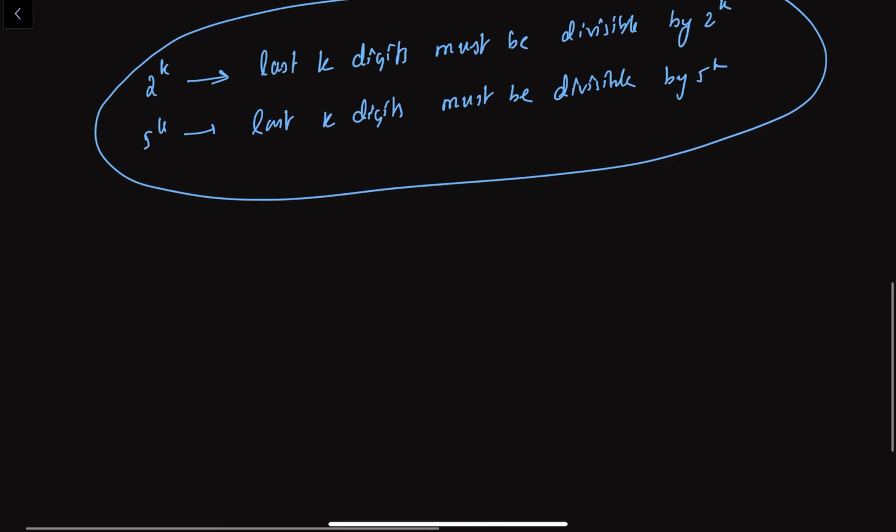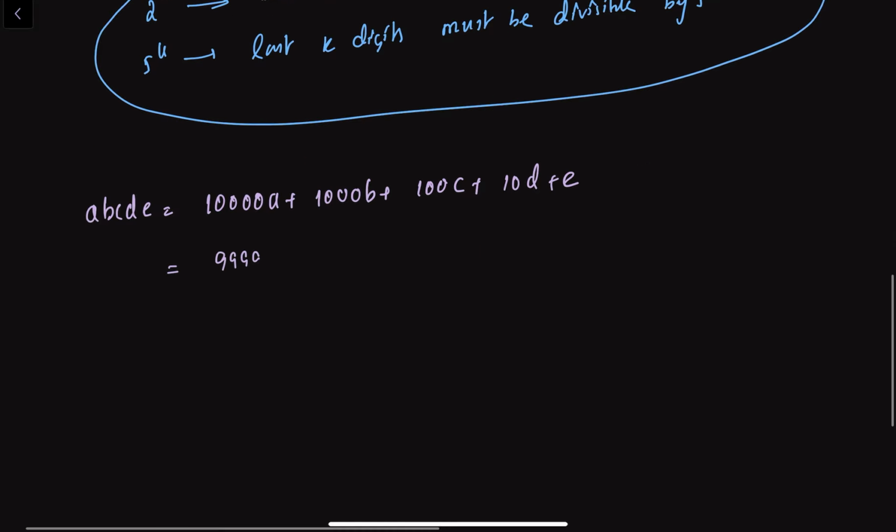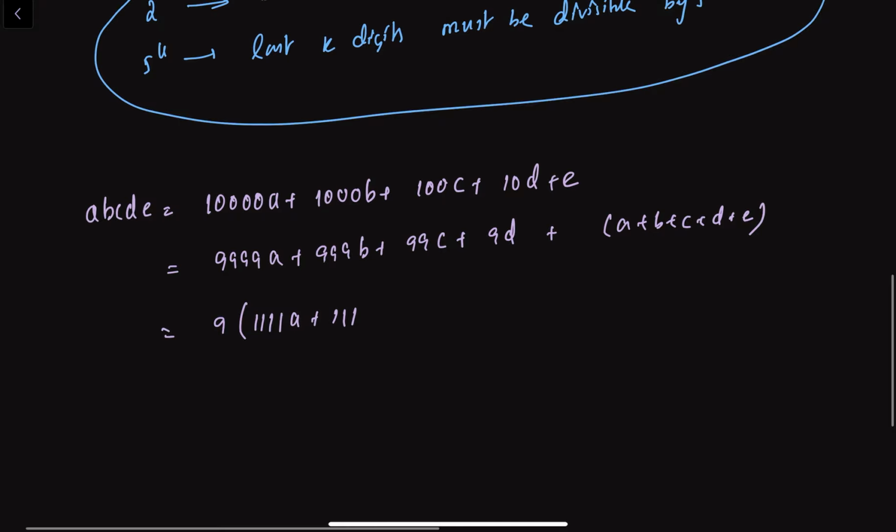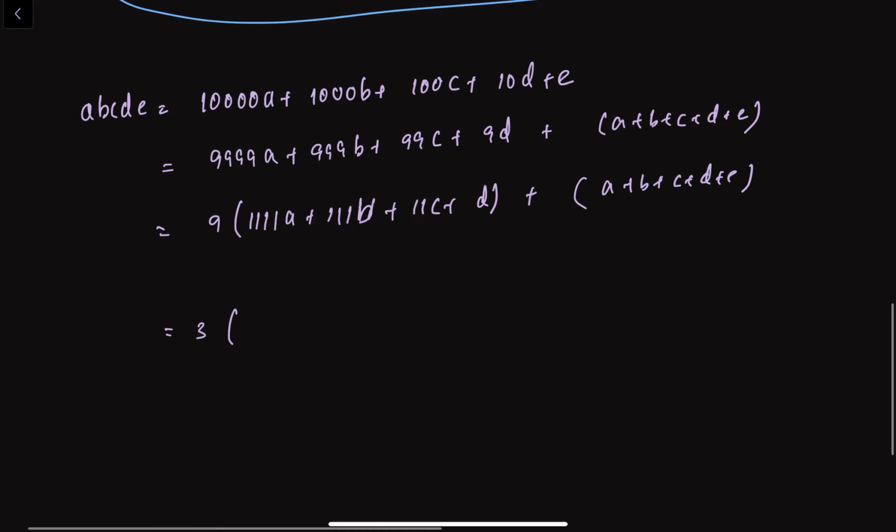If I take the same number ABCDE as 10,000A plus 1000B plus 100C plus 10D plus E, we write this as 9999A plus 999B plus 99C plus 9D plus A plus B plus C plus D plus E. So this is 9 times (1111A plus 111B plus 11C plus D) plus A plus B plus C plus D plus E. Or we can also write it as 3 times (3333A plus 333B plus 33C plus 3D) plus A plus B plus C plus D plus E.